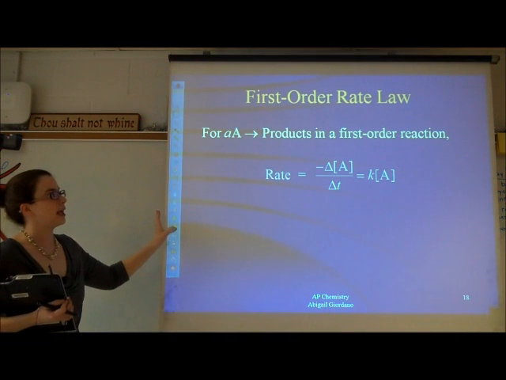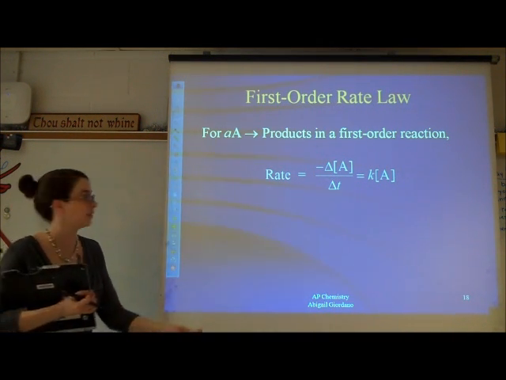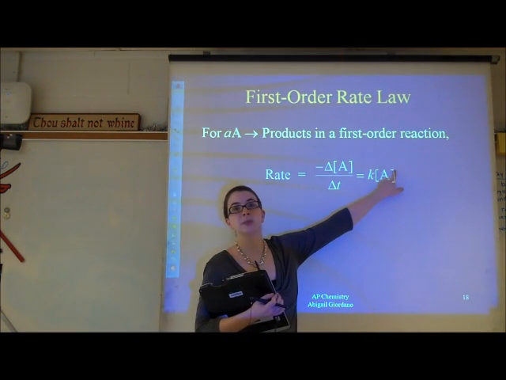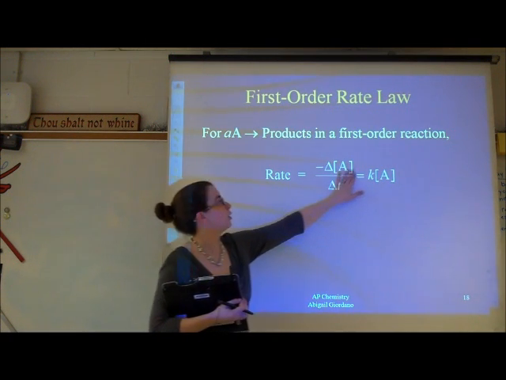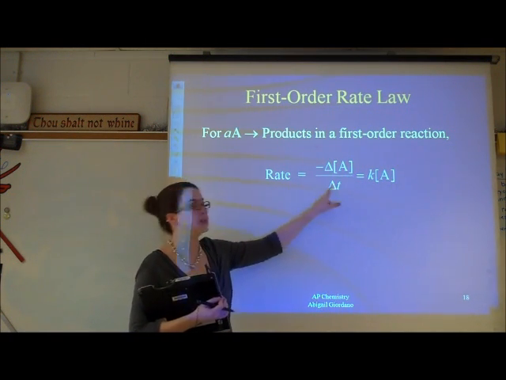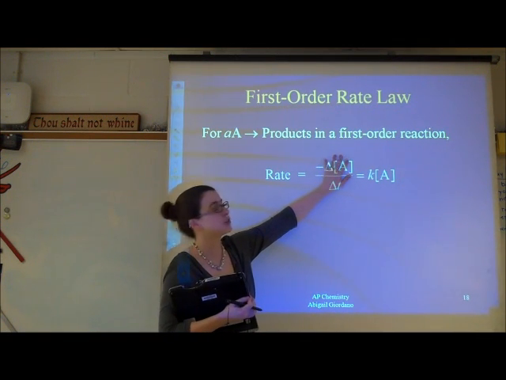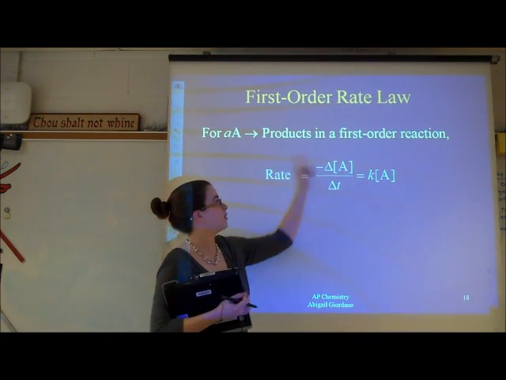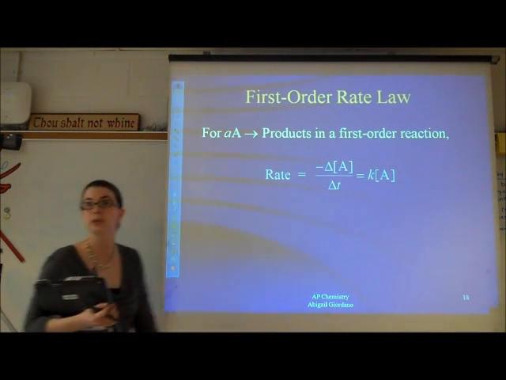So if I say something is first order, all that means is that's a rate law that has an exponent of 1. Okay? If what's written here in the middle is confusing to you, this is just the way we calculate any rate. But if it's confusing to you, cover it up. Here's a rate law. Look on either side. If something is first order, that's what its rate law would look like.